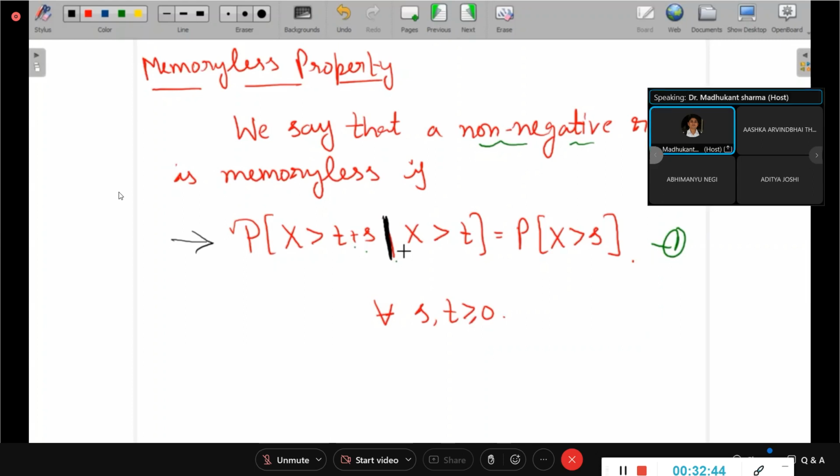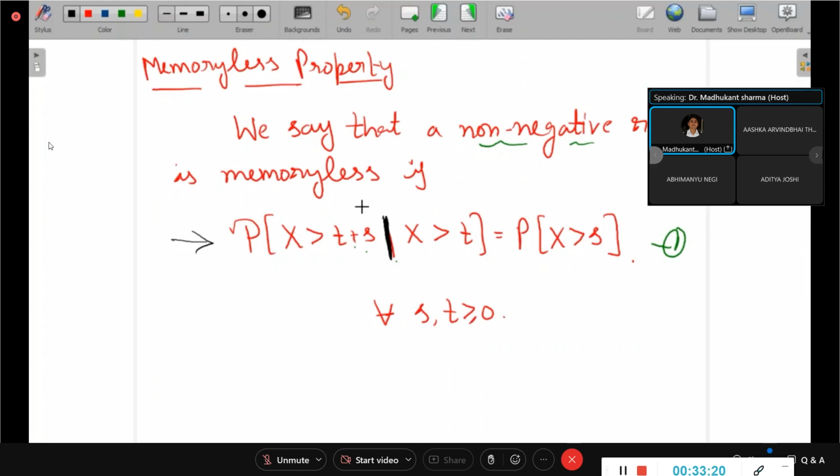Let's take x as a random variable which gives the distribution of the amount of time until a light bulb stops functioning. So x greater than t means at least t time it is given that the bulb was functional. It is known that up to t time, say up to 30 or 40 seconds, the bulb was functional.